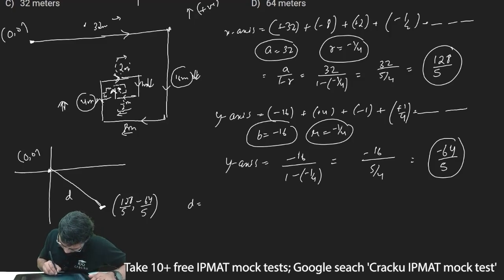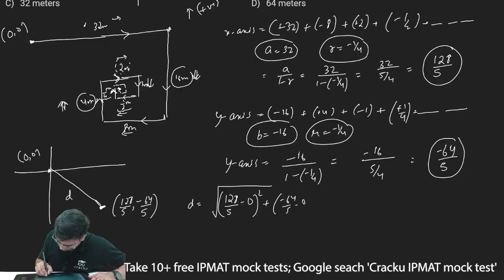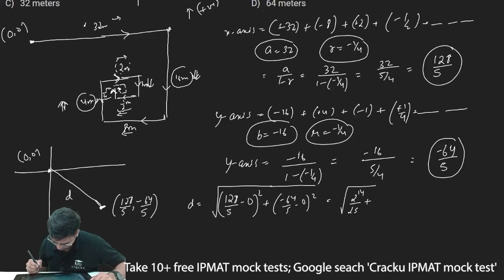d is equal to the square root of (128 by 5 minus 0) whole squared plus (minus 64 by 5 minus 0) whole squared. This will be equal to, 128 is 2 to the power 7, so 2 to the power 14 divided by 25, plus the square root of 2 to the power 14 divided by 25 plus, 64 is 2 to the power 6, so 2 to the power 12 divided by 25. So I can take 2 to the power 12 divided by 25 as common.